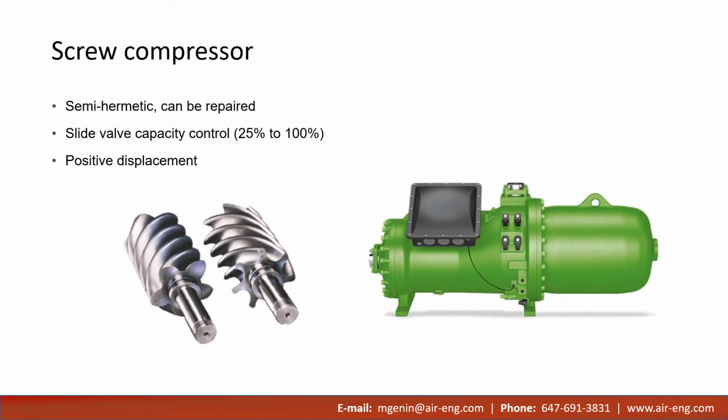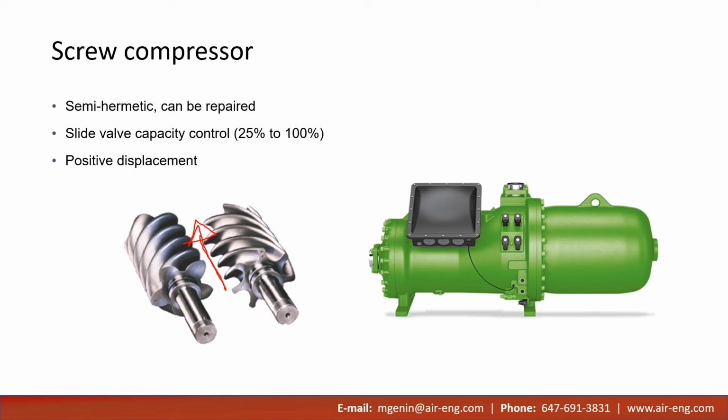Screw compressors utilize two moving screw-like impellers which drive the refrigerant along their axis, and they're typically more costly to manufacture because they require a gearbox assembly to drive the screws. They can be used with a VFD for capacity control, but many of them have existed with a slide valve which exposes a certain length of the impellers in order to adjust the capacity control.